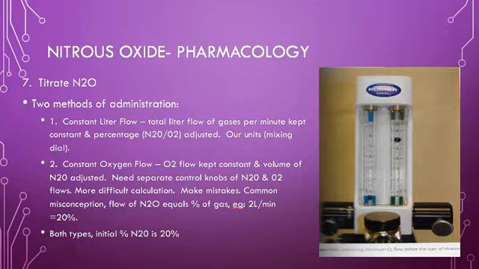Just to be very clear, the units that we have here at the school do a lot of the gas mixing on their own, and a lot of the other systems that are manual systems require you to know how to mix the gases properly.